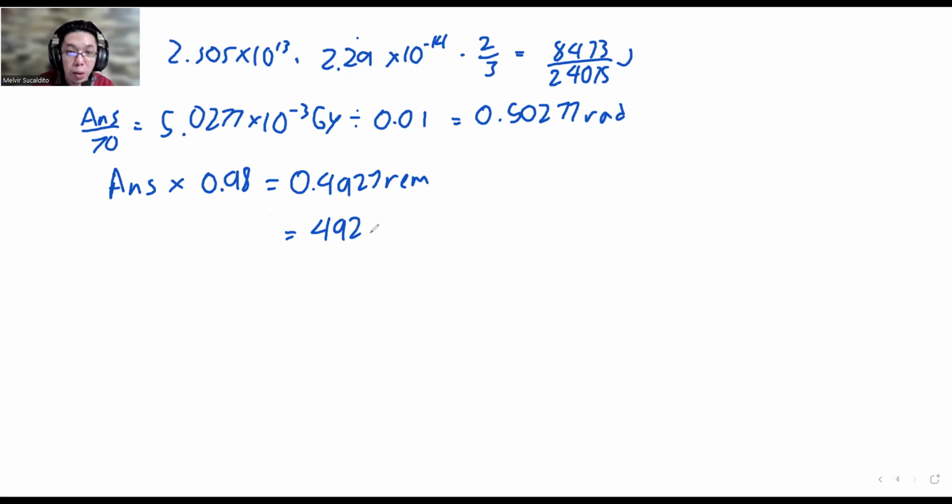Am I right? 1 rad is equal to 0.01 gray, so gray is what we got. Divide by 0.01.